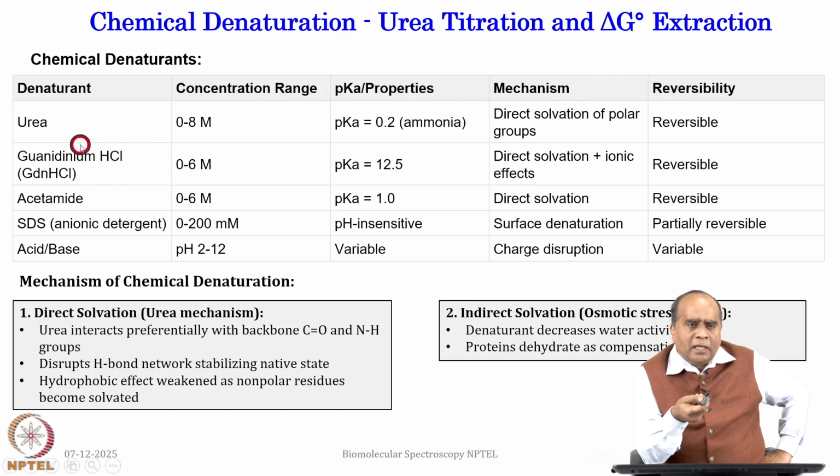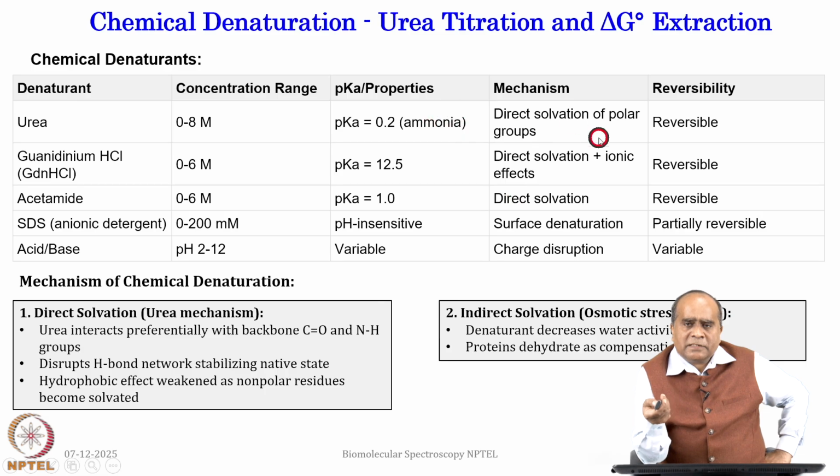With urea one has to do 0 to 8 molar, other options are guanidinium hydrochloride 0 to 6 molar, acetamide 0 to 6 molar, SDS 0 to 200 millimolar, or acid base where you change the pH from 2 to 12. Now, one can consider the mechanism of each of these.